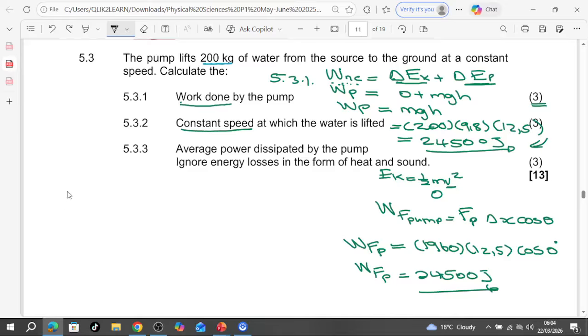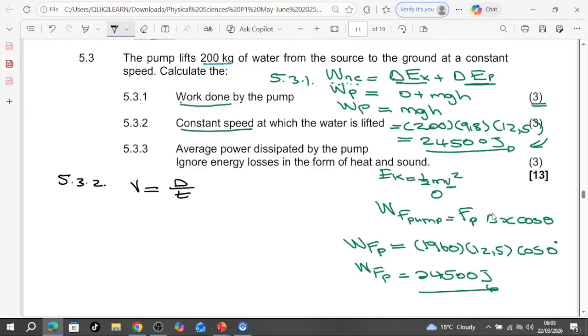How can you remember that V, the constant speed, this is 5.3.2. The constant speed is equal to distance over time, right? Distance over time, that's the formula that we need to use.